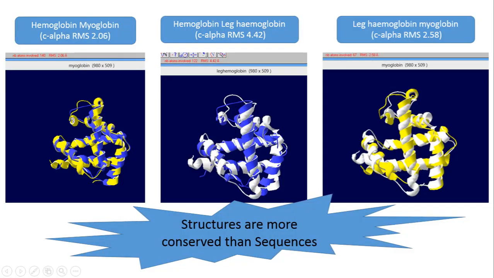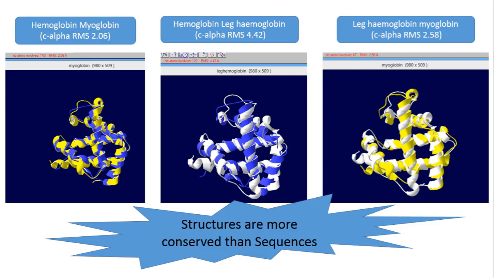But when you compare the structures, you can see a clear similarity so far as the structure is concerned. All three proteins share a common fold. You can see that most of the secondary structural elements and the tertiary structure, the fold that these proteins have, are very similar.